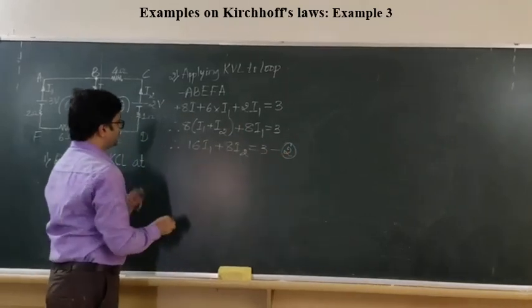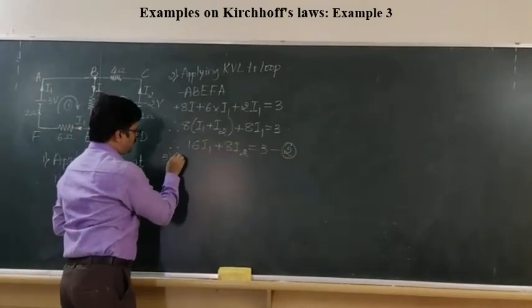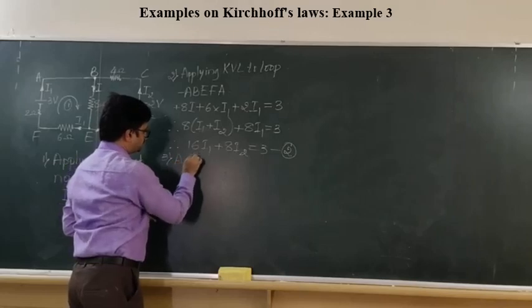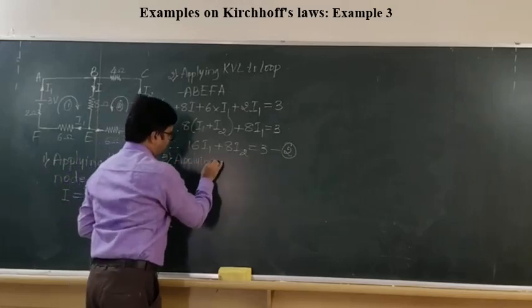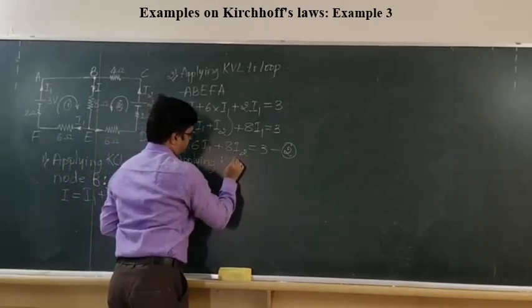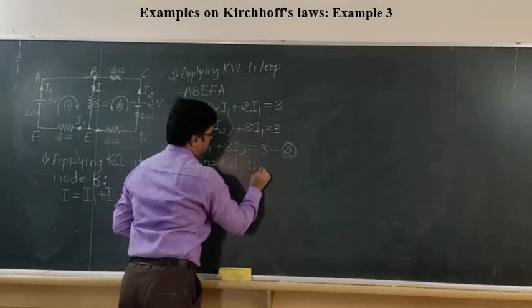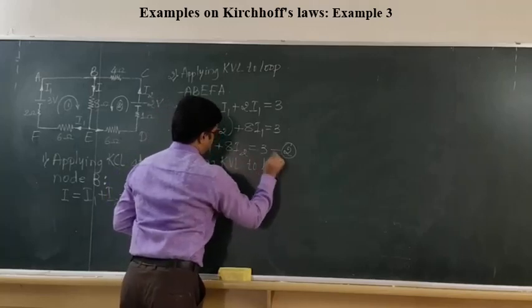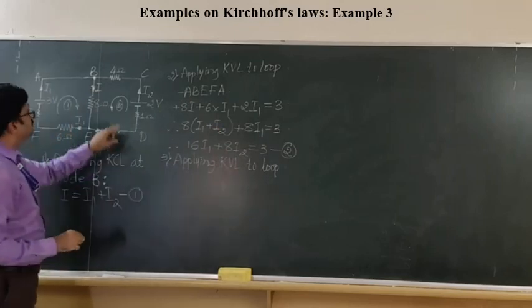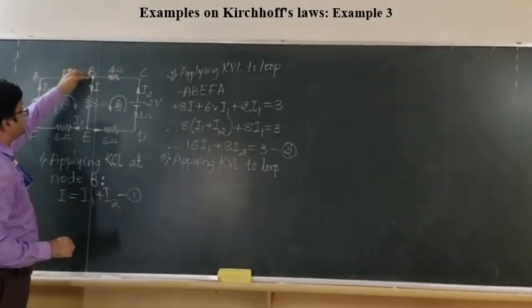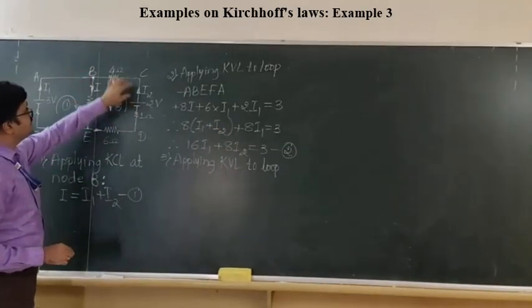Okay. Similarly, third step, apply KVL to the next loop. Now, next loop is what? I'll take it like this: BEDCB.